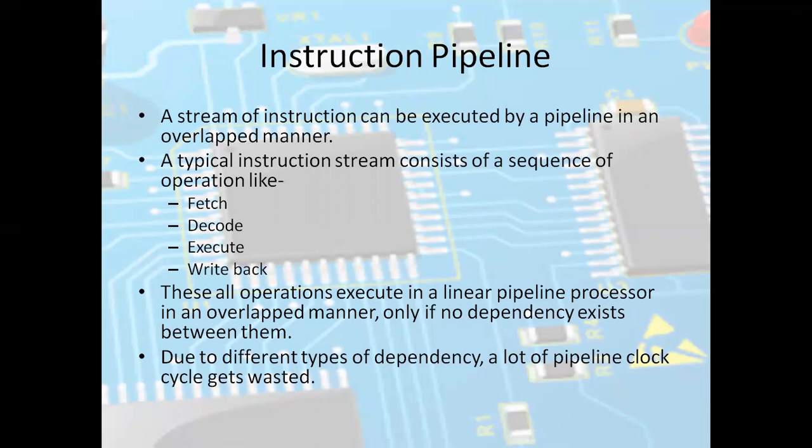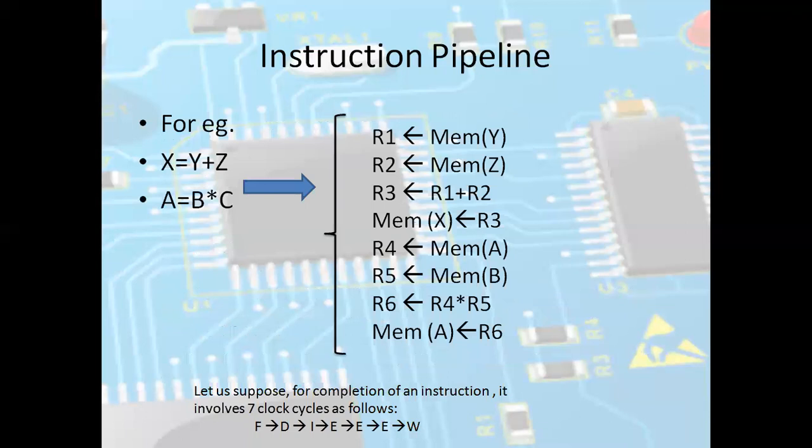But if a dependency is there, they cannot be executed in an overlapping manner. Due to the different types of dependency, a lot of pipeline clock cycles get wasted. This is an example in which the instruction pipeline is executed in these steps.